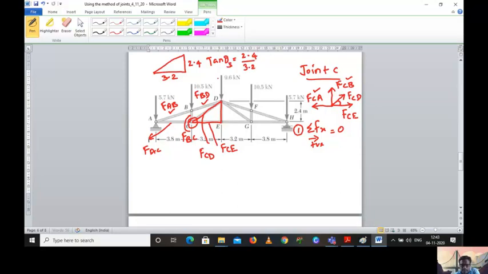I am taking it as theta 3, and I am getting theta 3 as 36.87, as per my calculation. Now we can substitute. First I take FCE because it is in the positive direction, plus FCD cos 36.87, and then another force, minus FCA, which is in the opposite sense, is equal to 0.